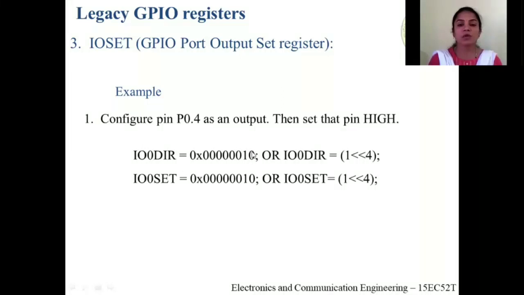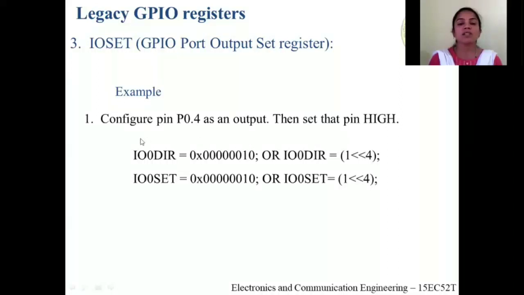This is from 0 to 3 and this is from 4 to 7. So 0 to 3 are all zeros, and 4 to 7 is 0001. In the fourth position of the 32-bit value we have to set 1, and that hexadecimal value will be equal to 1, that is 0001.